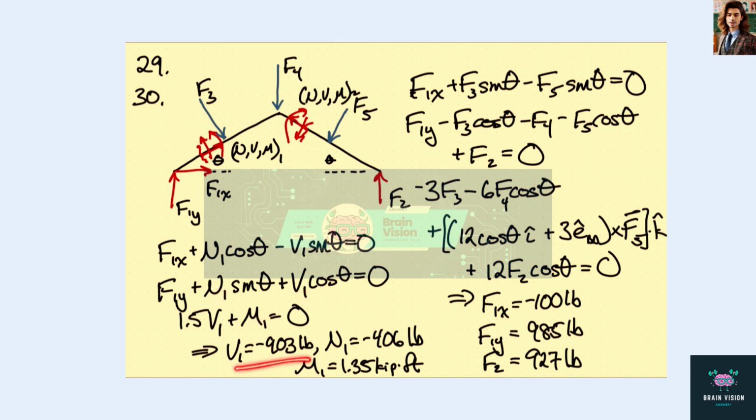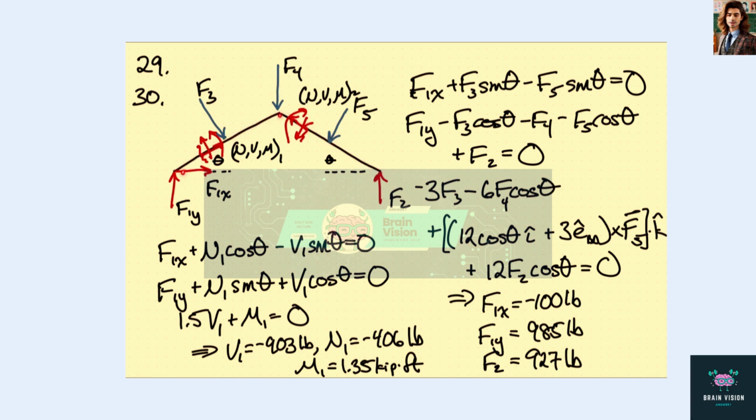And we get V1 equals 903 pounds, N1 equals minus 406 pounds, and M1 equals 1.35 kip feet. It makes sense that N is negative, because as we push this beam down, it's going to try to compress these two things.